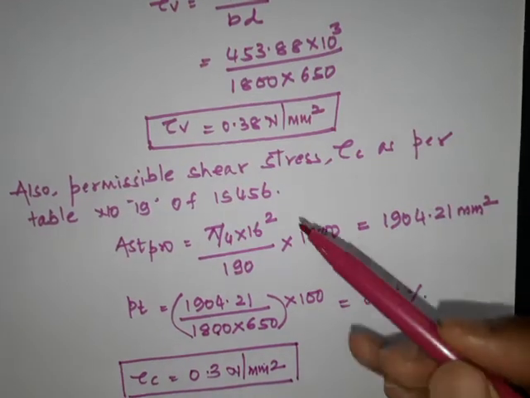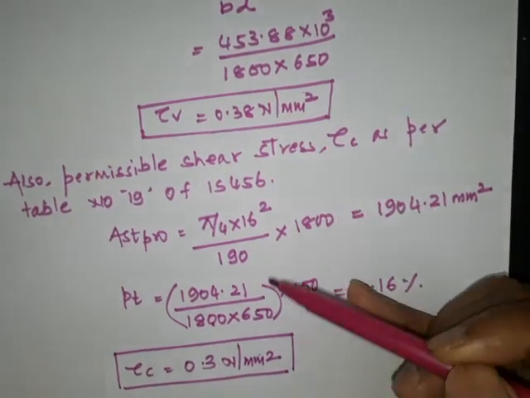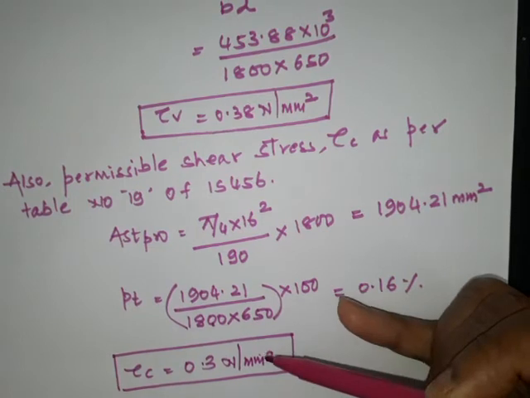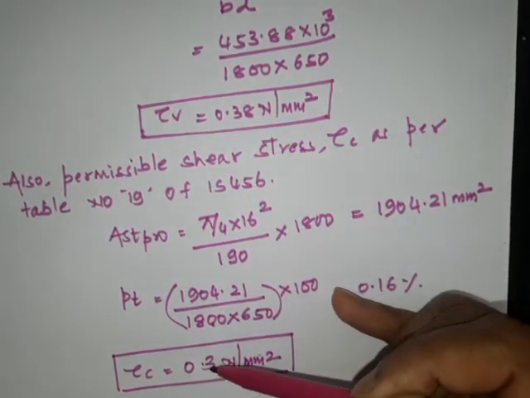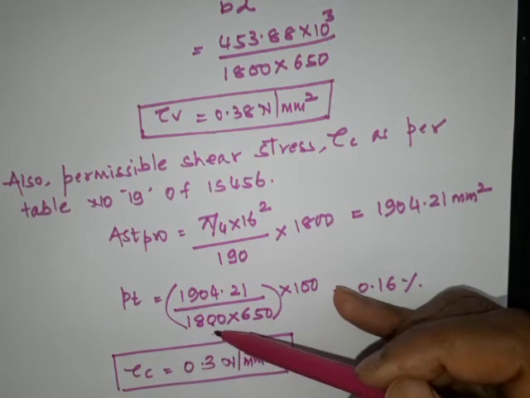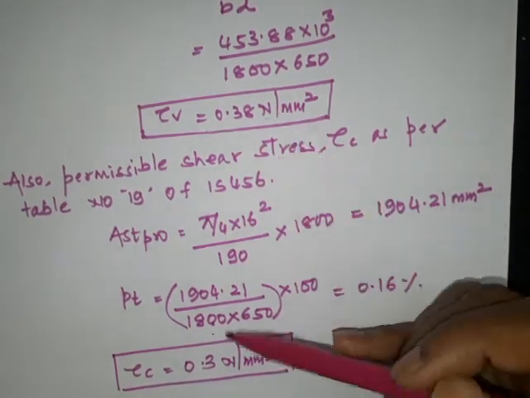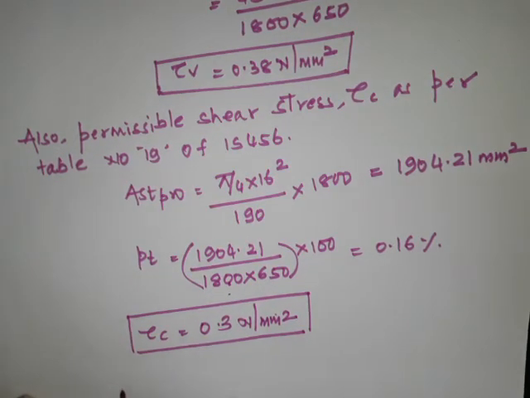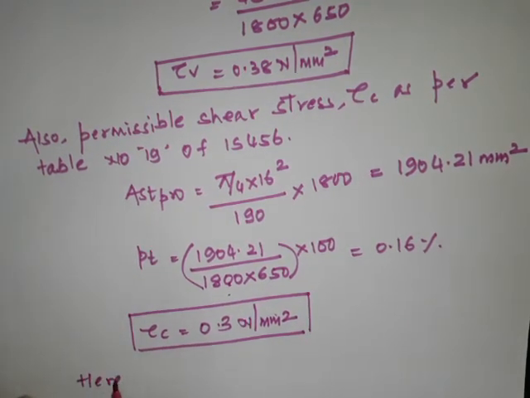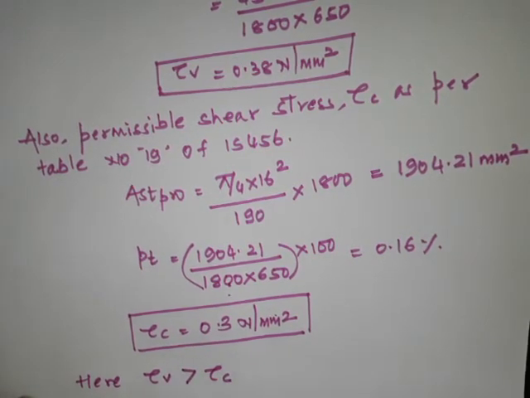Understood? Now if you check the value of tau v and tau c, tau v is more than tau c, but the difference is very small. It is 0.38 and 0.3. As per the rule, we have to revise the design here, but no need to revise again here. So I can write: here tau v is more than tau c.